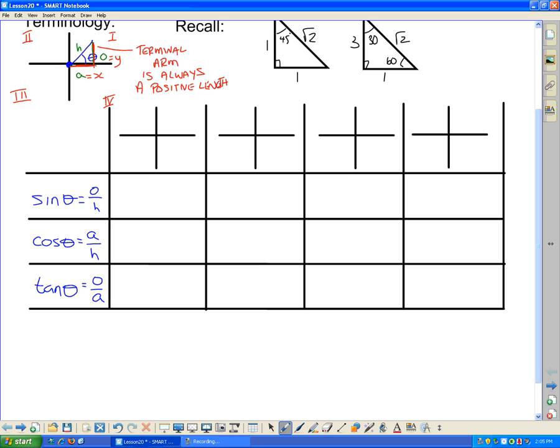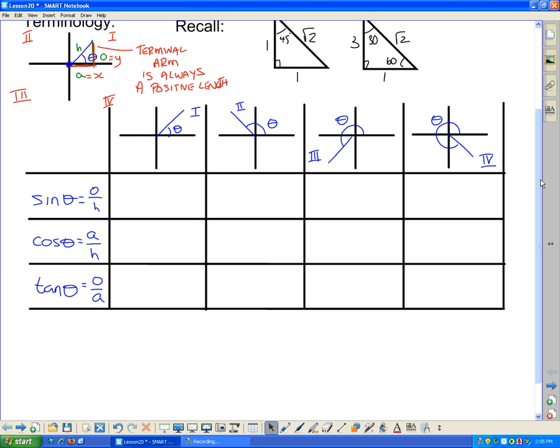So the first one, we are looking at quadrant 1 for theta. The next one, we're going to look at quadrant 2, and this now becomes my theta. Quadrant 3, and then quadrant 4. So I'm just putting that terminal arm in the different quadrants, and we're going to talk about the ratios themselves.